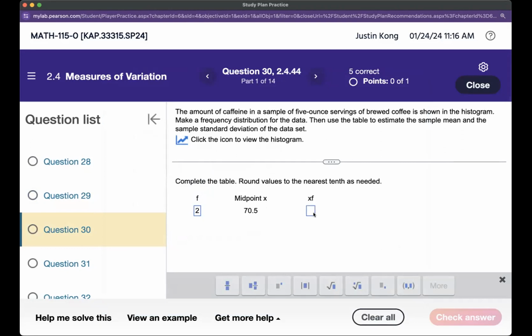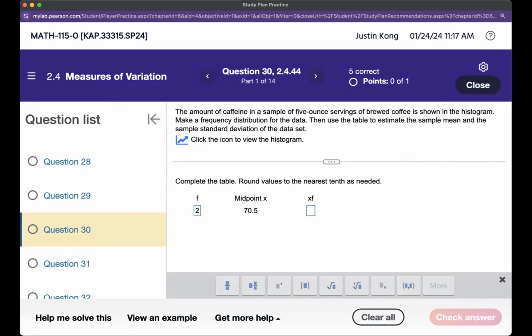And this XF is just the product, because what they're getting at is this is same idea as making a weighted mean. It's kind of how you do it. You take the frequency, multiply them by, if you don't have a single data value, what you do is you just take the average of that range. And that will give you a sort of weighted mean. So you just multiply it.